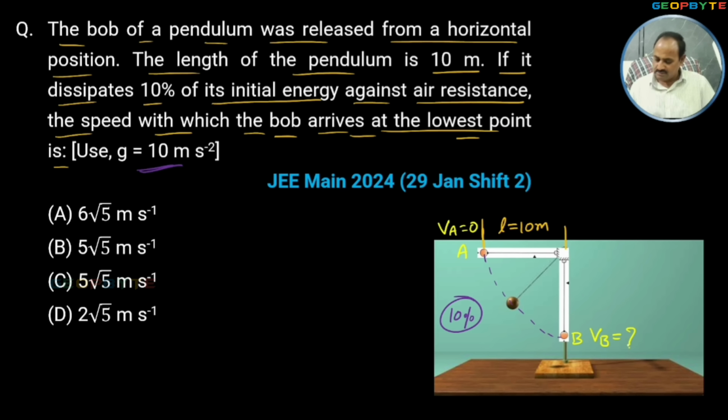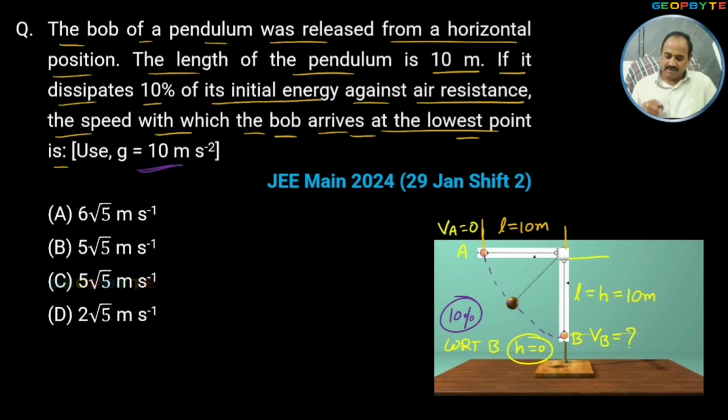That VB you are asked to find. This height with respect to the original point is given as 10 meters. With respect to B, the height equals 0. That means there is no potential energy in the bob by the time it reaches the bottommost point.